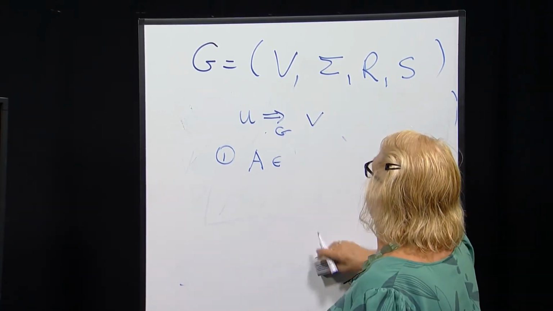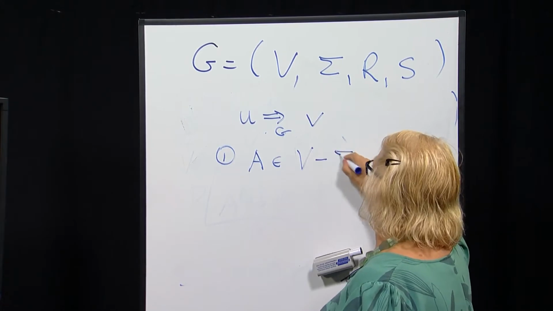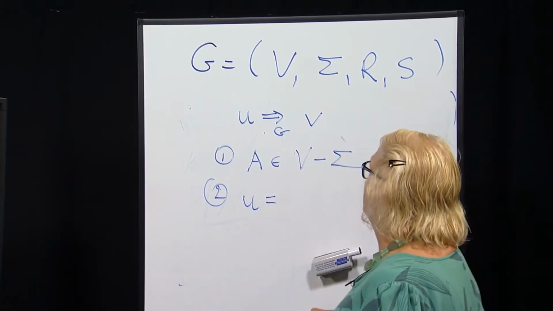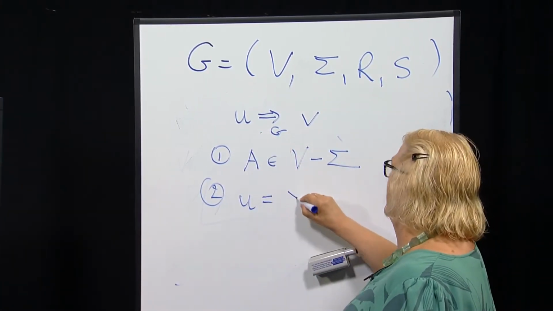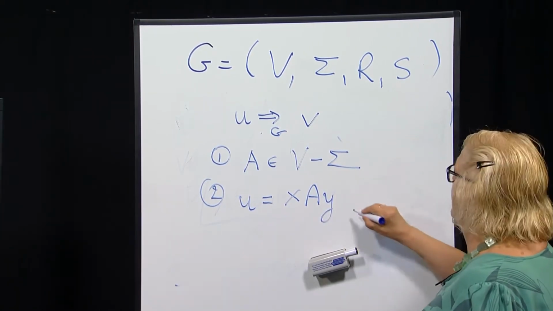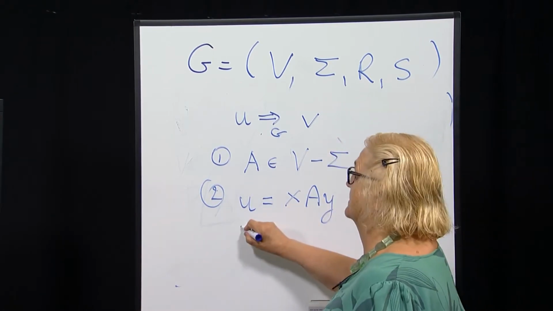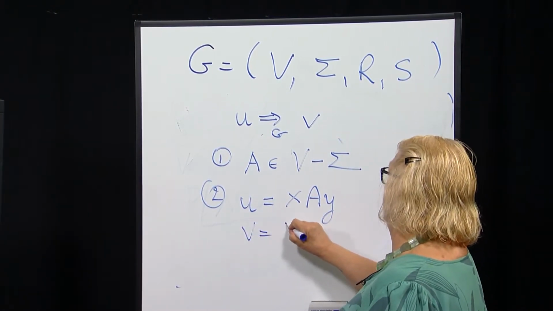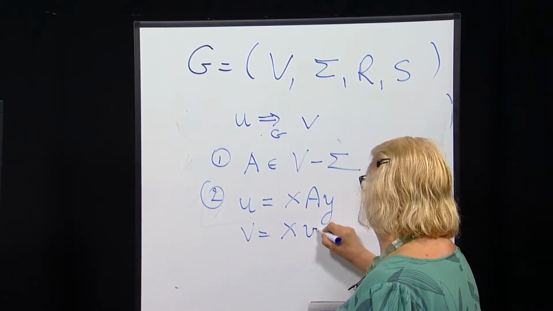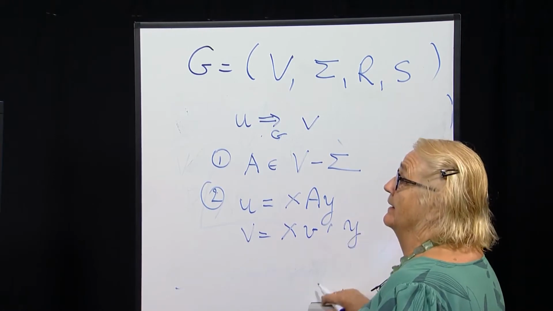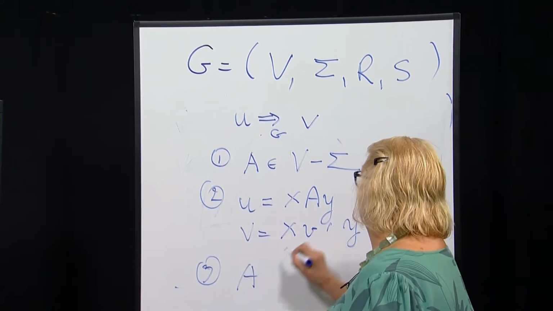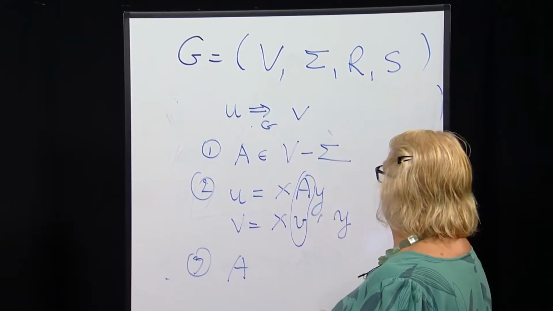We have a non-terminal A, and then U is written as X A Y, and V is X V′ Y, where you have a rule which says what we do.